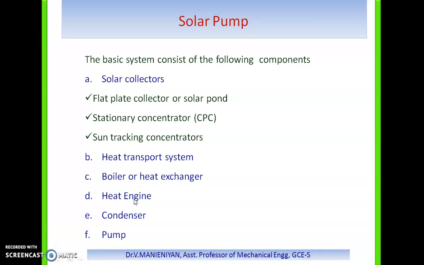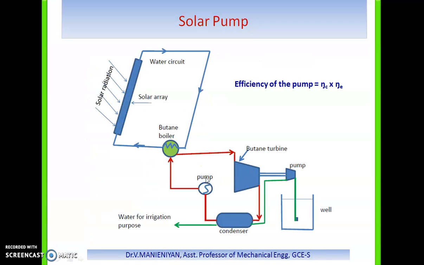This diagram shows the basic principle of the solar pump system. Here we are using the solar collectors, heat exchangers, turbine, pump and condenser, and another pump used for the recirculating system. This pump is used for sucking water from below the well.